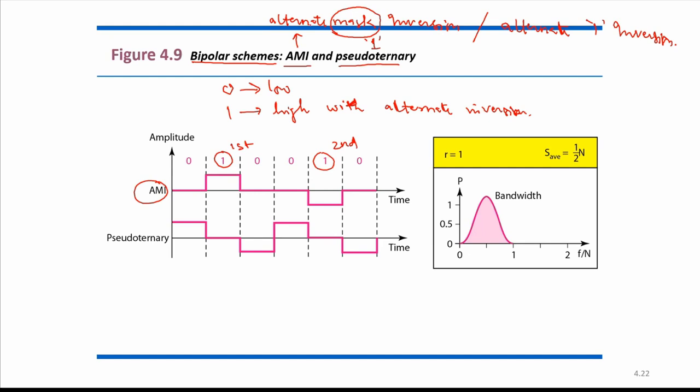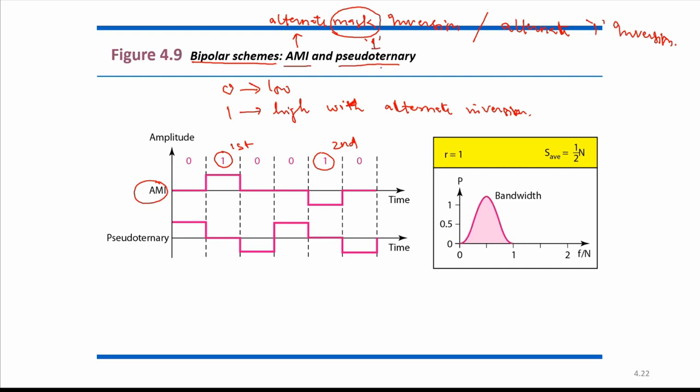So this is alternate mark inversion, or alternate 1 inversion. The first one is high, then the next one will be low. Then if the next one comes, that will be high, and the fourth will again be low, the negative one. So this is the AMI scheme, represented by the bipolar. Bipolar means 3 levels will be there: positive, negative and 0.